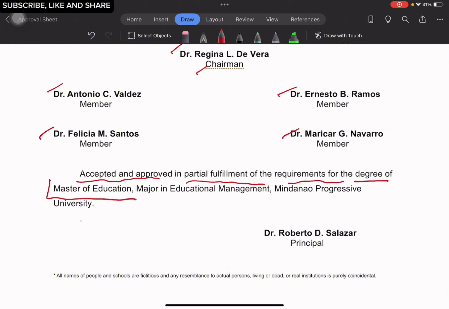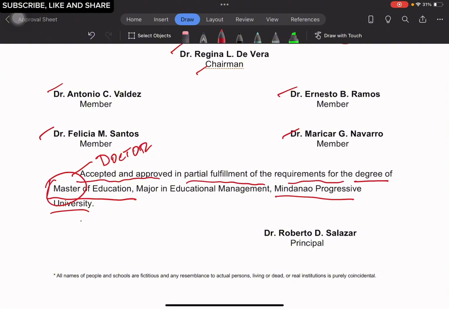So what do we need to do? This should be changed to Doctor of Education, since he is taking up his doctorate degree and he is conducting a dissertation. Doctor of Education, major in Educational Management, Mindanao Progressive University.